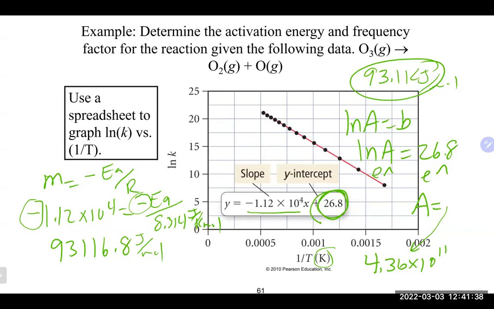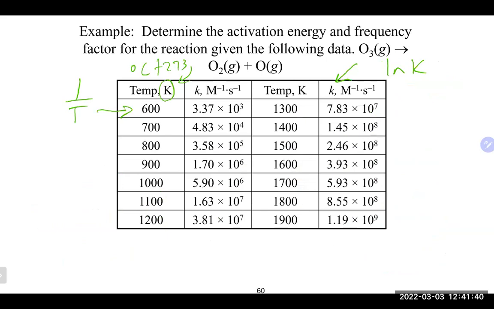So if we go back to our table here, these are the units of the rate constant, right? When we take the natural log of k, in this case, the units actually go away. So there's like no units on the natural log of k. But at the end part of our calculation, we did basically the E of that, right? So we kind of just threw the units back. So the units typically will end up the exact same units as what the rate constant units were.